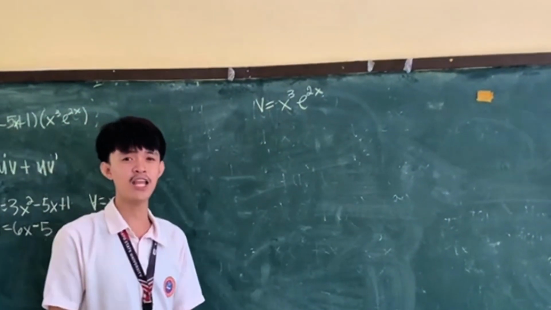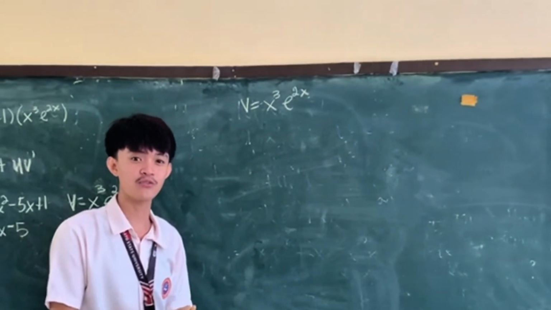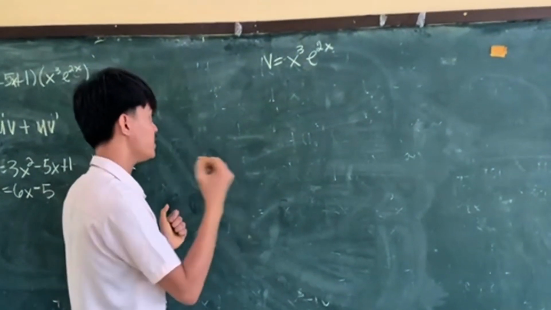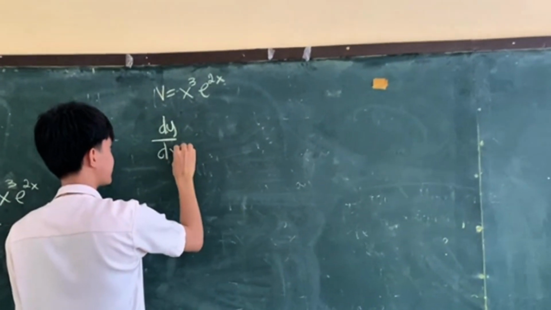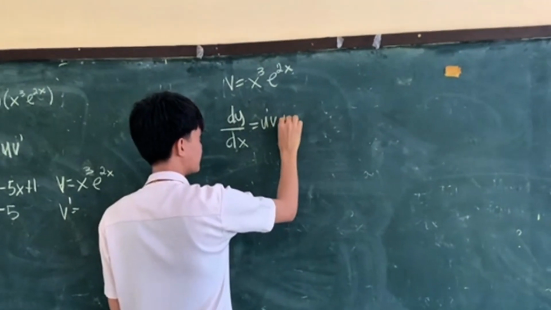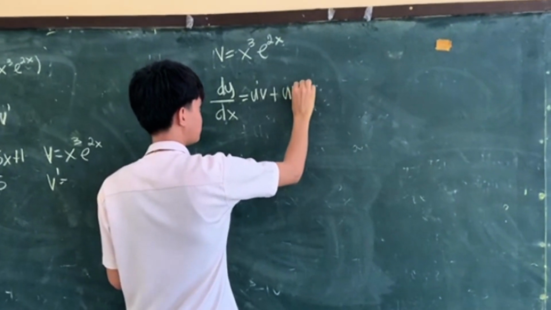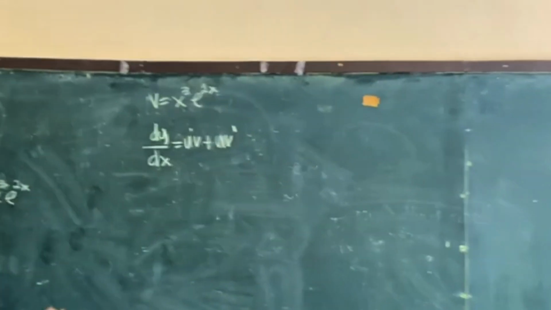Now, on finding the value of v prime, given this v, we also need to use the product rule formula, which is the derivative of y with respect to x is equal to u prime v plus u v prime. Now, by using this formula, let's find its values.